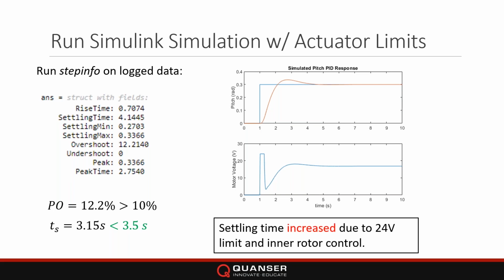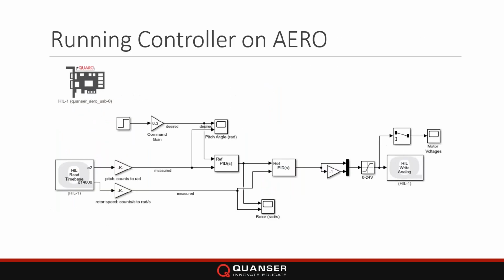So like I said, the spec change is likely due to the 24-volt limit, but also it could be because of the inner rotor control as well, right? That introduces the rotor dynamics, which will change the response slightly. So now, given this, I can go ahead.